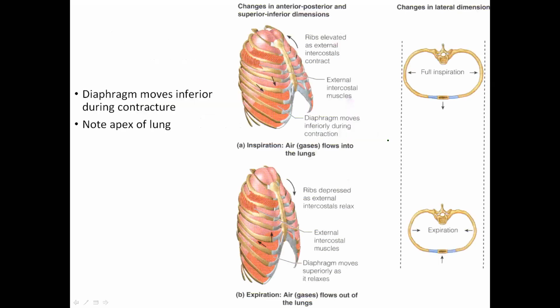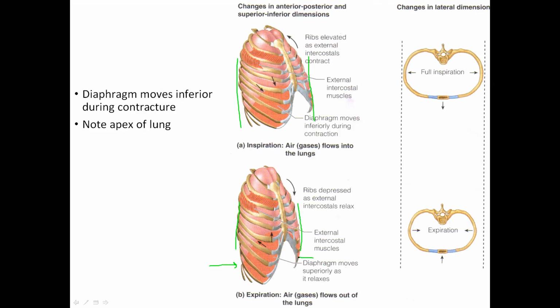Okay, with breathing, the ribs do experience what's called the bucket handle effect. If you look at the diameter of the rib cage here and then the diameter here, it is, let's just say, skinnier, right?